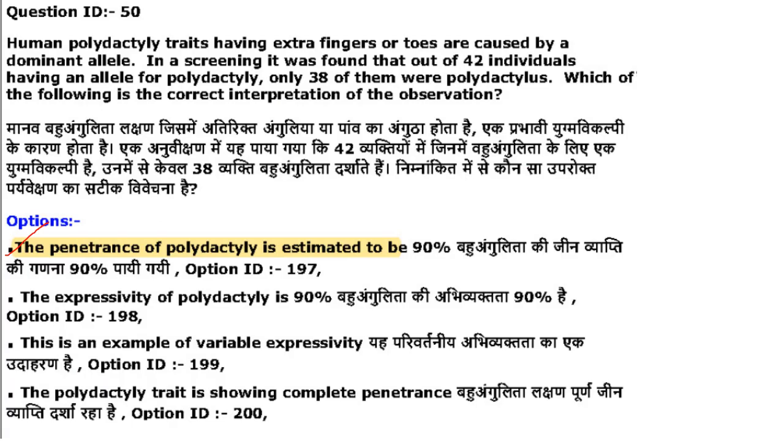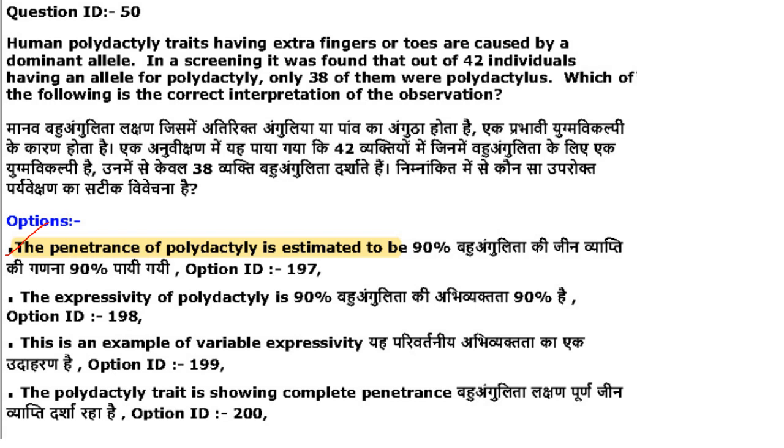Then next question. Human polydactyly traits, having extra fingers or toes, are caused by a dominant allele. In a screening, it was found that out of 42 individuals having an allele for polydactyly, only 38 of them were polydactylous. Which of the following is the correct interpretation of the observation?